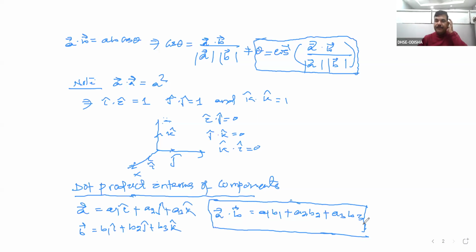Right? Quickly note it down. So A dot B is equal to A1 B1 plus A2 B2 plus A3 B3, where vector A is taken in component form as A is equal to A1 I cap plus A2 j cap plus A3 k cap.